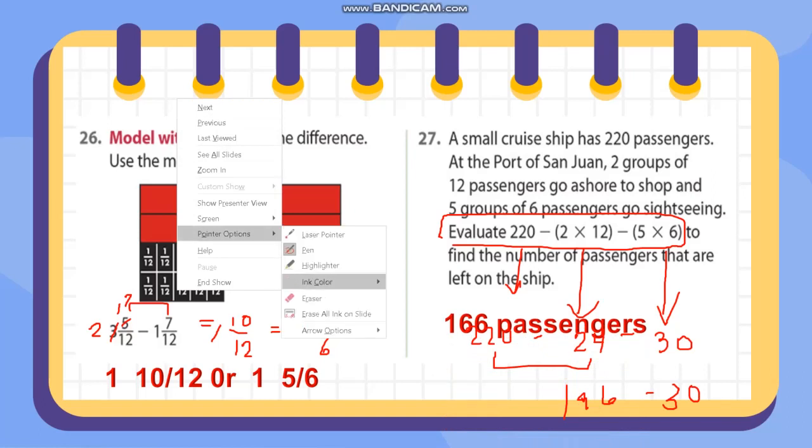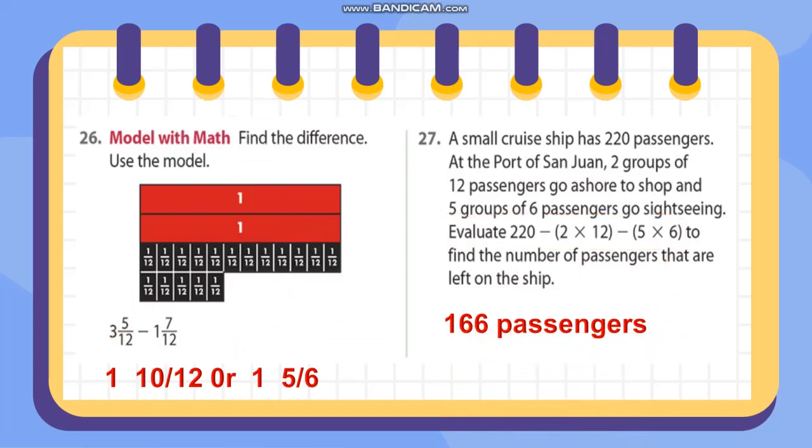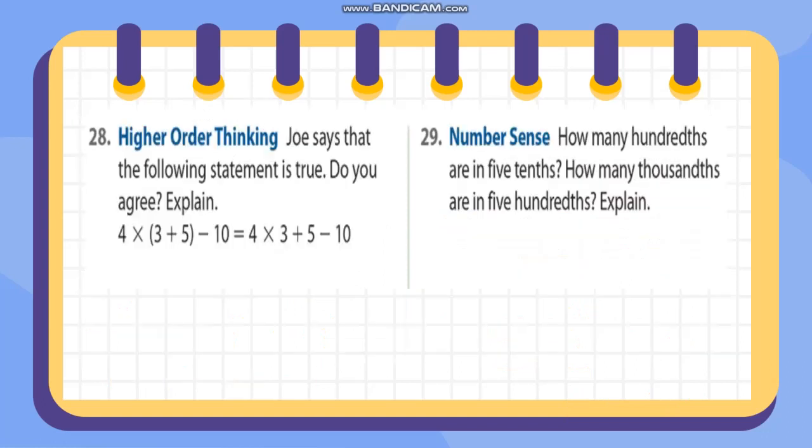So if you're going to evaluate 220 minus 2 multiplied by 12 minus 5 multiplied by 6, the answer is 166. So, to find the number of passengers that are left on the ship, there are 166 passengers left on the ship.